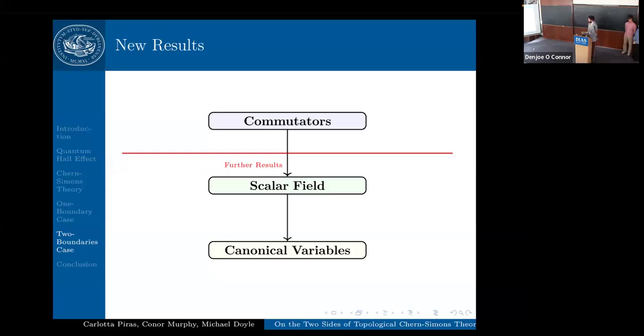This is something that needs to be investigated further, because in the one boundary case, we had commutators that were entirely local to one boundary, since there only was one. And we had one particular solution to the on-shell broken Ward identity, which together allowed us to identify the canonical variables and have an ansatz for the 2D action.